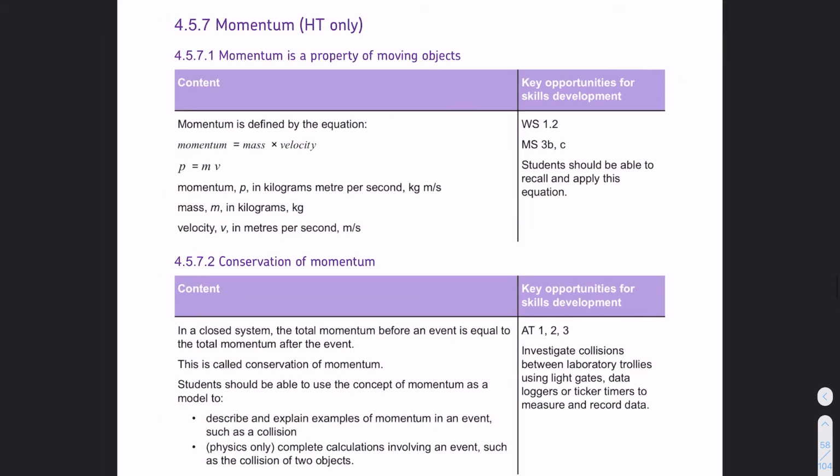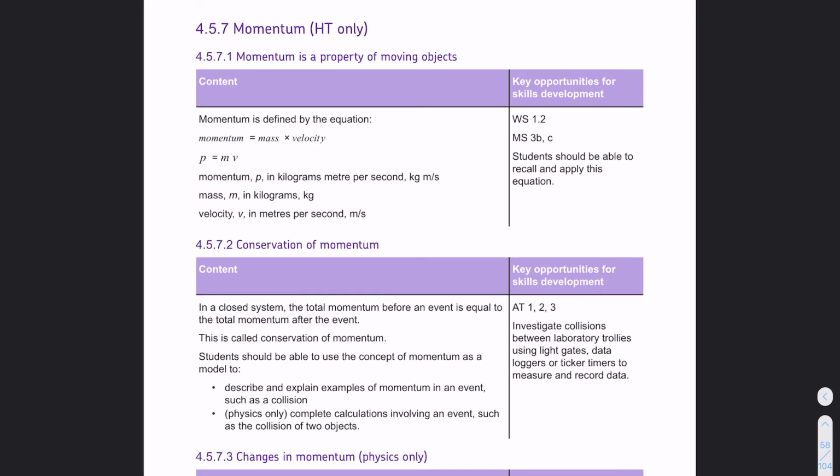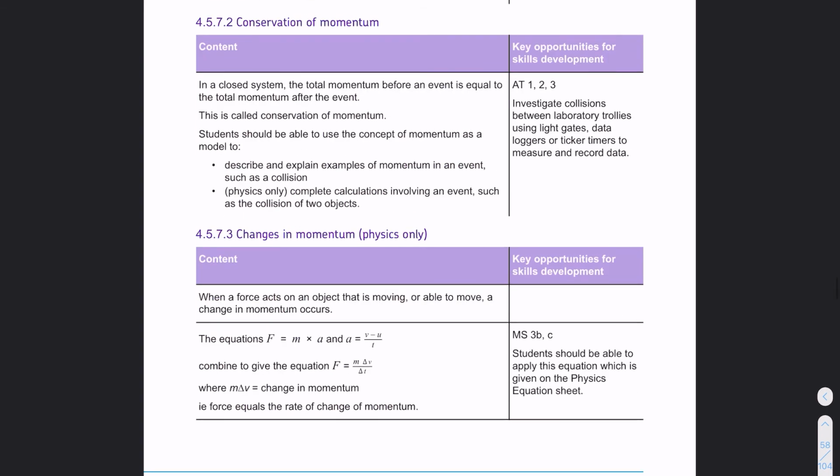So first of all, we will highlight the prefixes that we found. We can see there's a HT only here, there's a physics only here, and there's a physics only here.